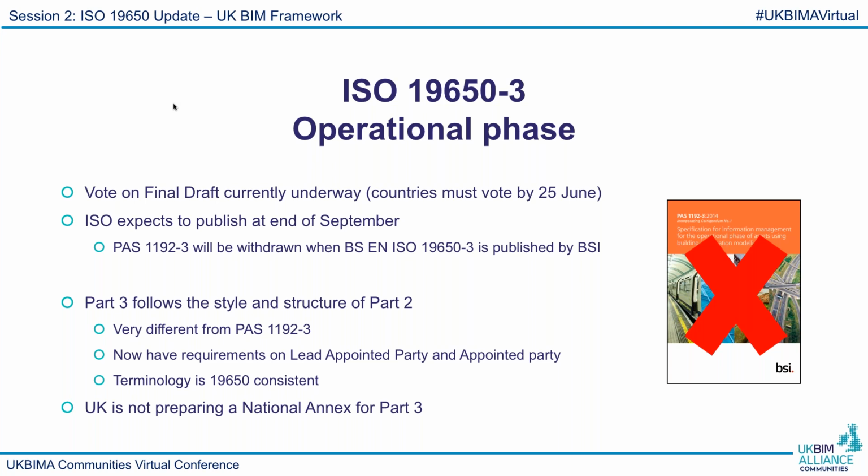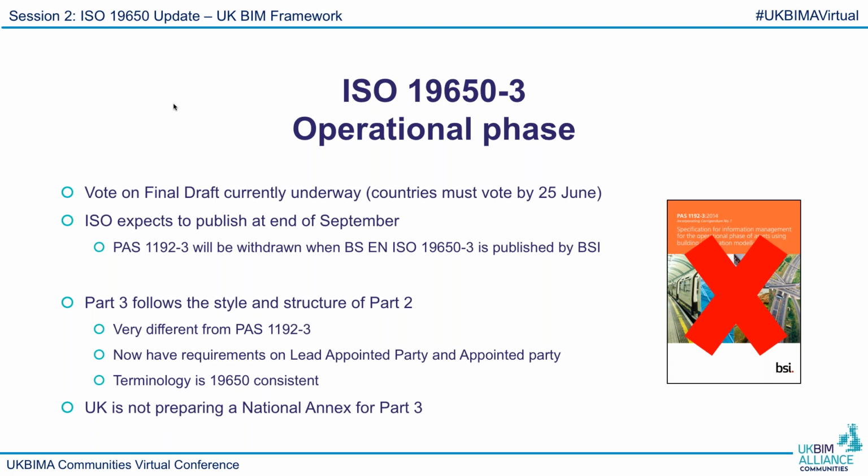So it is the counterpoint to the project delivery phase, which is governed by 19650 Part 2. At the moment, this standard is in what is called Final Draft International Standard Form, FDIS, and there is a vote currently going on amongst the international community on whether to accept that final draft as the international standard.